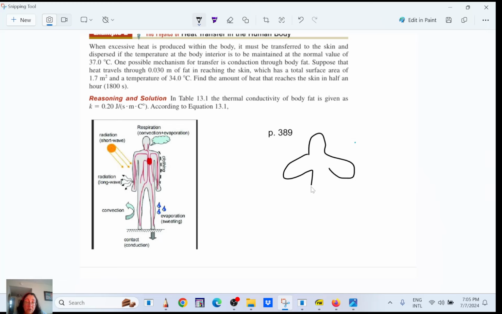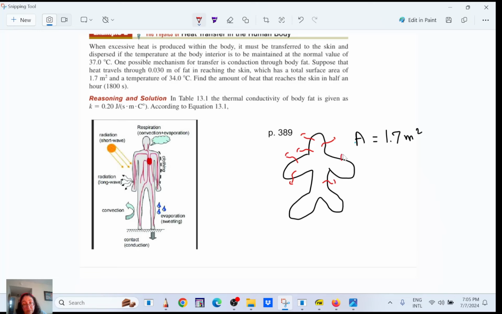So skin is an organ, and the total area is 1.7 meters squared.